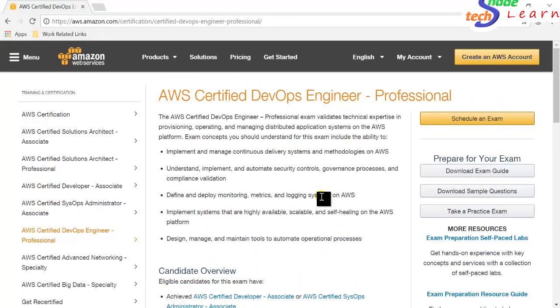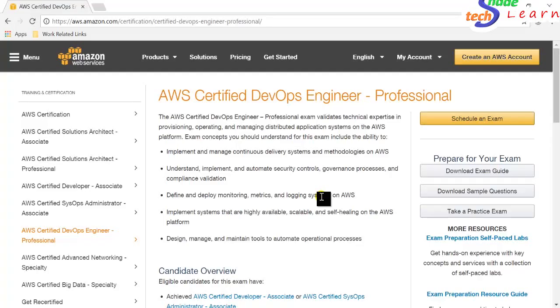As you see, we are on the AWS site for the AWS Certified DevOps Engineer Professional examination, and it tells us the prerequisites and what this exam is going to validate.